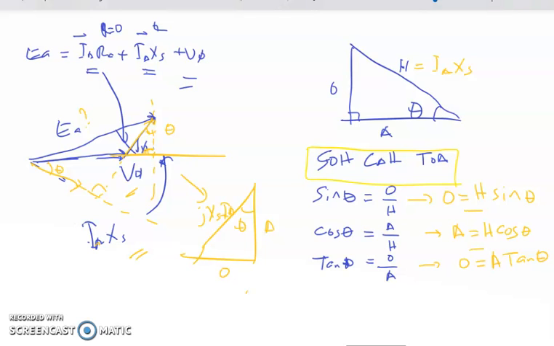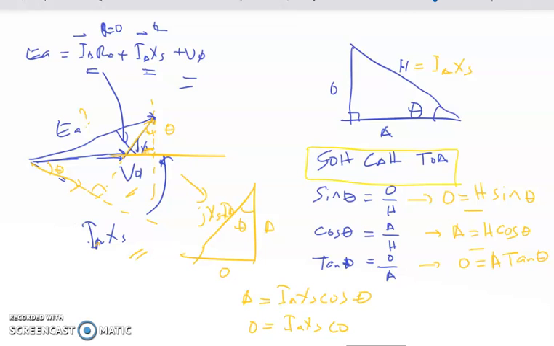It means that we have A is equal to H, which is IA XS cos theta, sorry, A is cos theta.